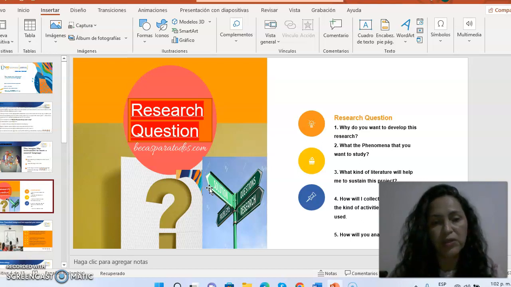Okay, continue with the research question. How will I collect data? It was necessary for me to apply a qualitative methodology, with different surveys or interviews. At the end it was excellent for me to analyze these answers because with this kind of question it was easier for me to analyze this information.